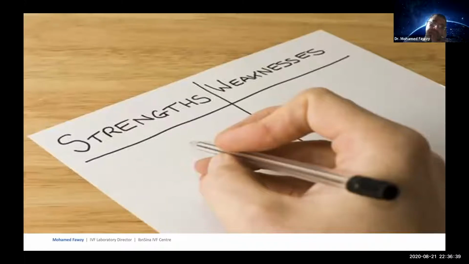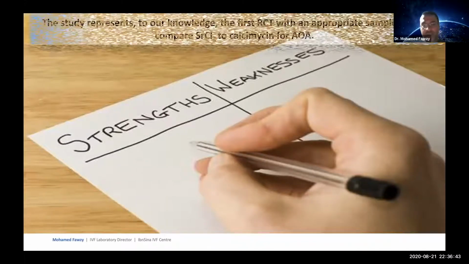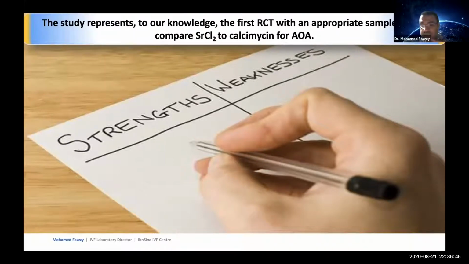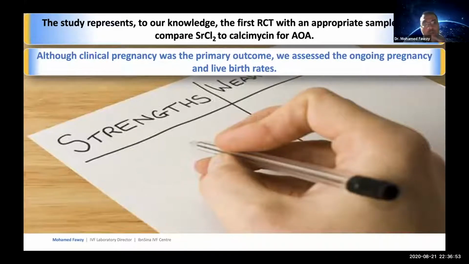This study has some strengths and weaknesses. The study represents the first RCT with an appropriate sample size to compare strontium chloride with calcimycin for artificial oocyte activation. Although clinical pregnancy was the primary outcome, we assessed the ongoing and live birth rate of the study.